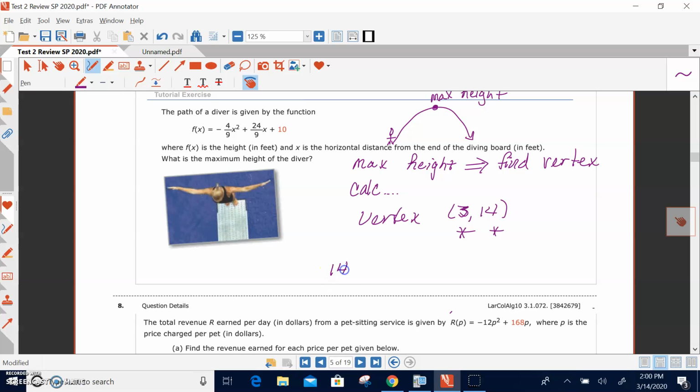It's actually the 14, because think about this vertex. That means I go over 3 and up 14. Well, the 14 represents the height. The 3 just represents how far I am from the diver. So that answer would be 14 feet.